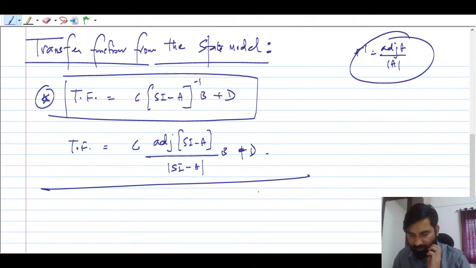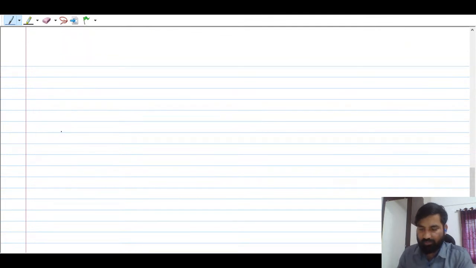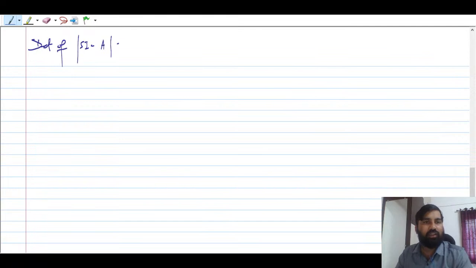Let me take one question here, but please remember this. If you take the determinant of sI minus A and make it equal to 0, you will get the characteristic equation.